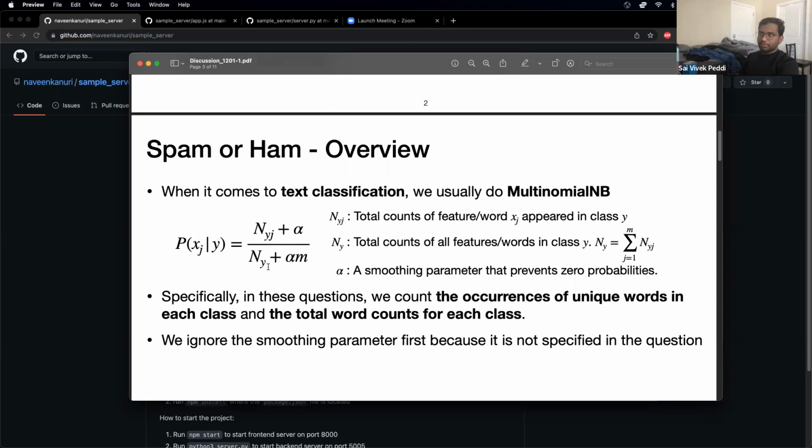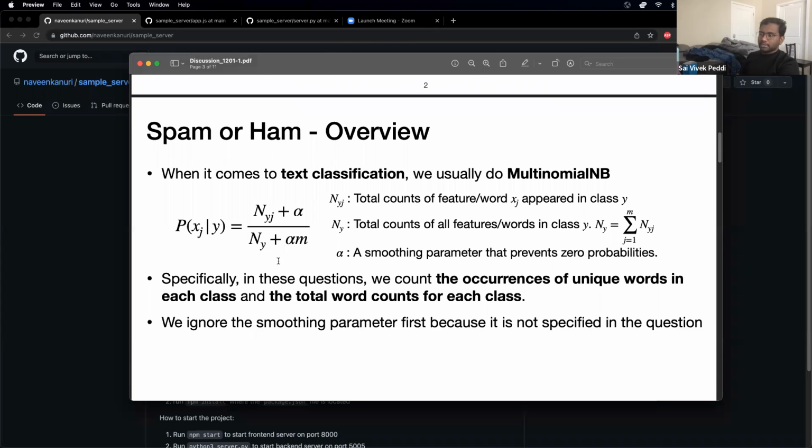The problem with getting a 0 probability is that the whole probability of that entire equation will go to 0. Since we don't want that, we do something called smoothing. There is an example for this in the coming questions, but essentially we add a parameter called alpha to your class probabilities, making your probabilities not equal to 0.